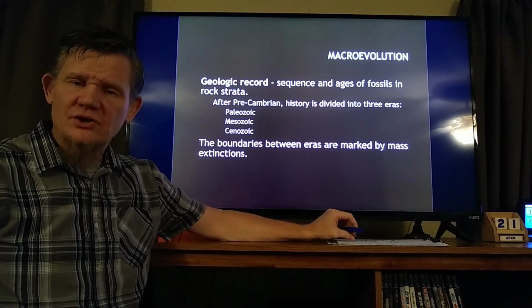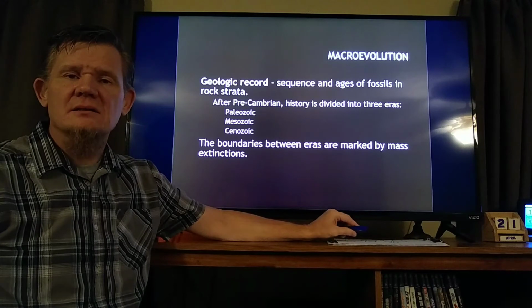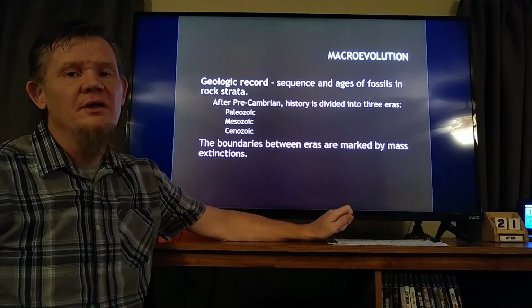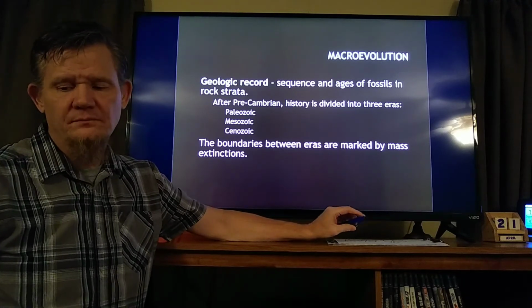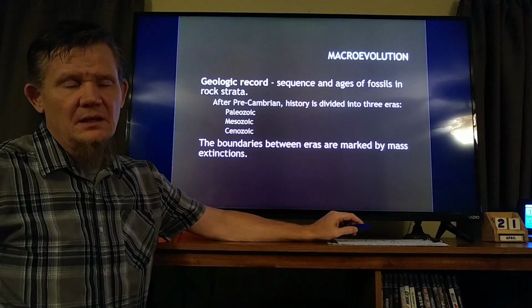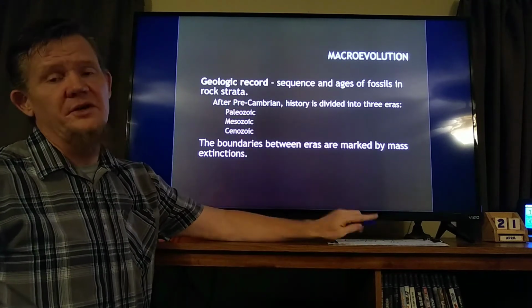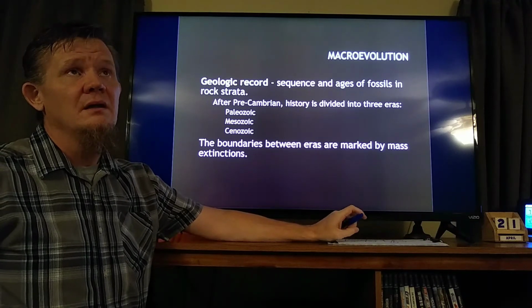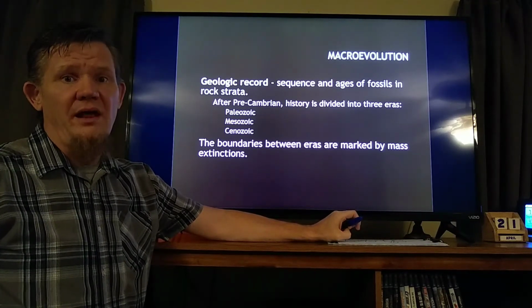We look at the geologic record. We look at the age of fossils to try to piece together the history of the planet, of the Earth. We look at the sequence and ages of fossils in the layers of rock to try to figure out how old the planet is and to try to figure out the assemblage of life.